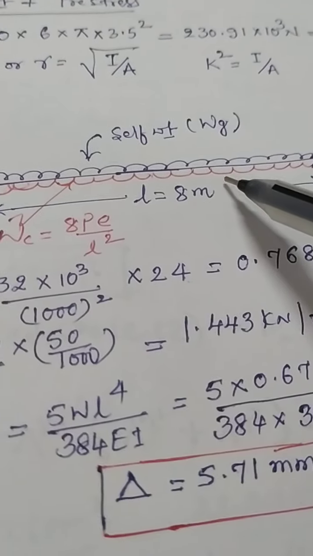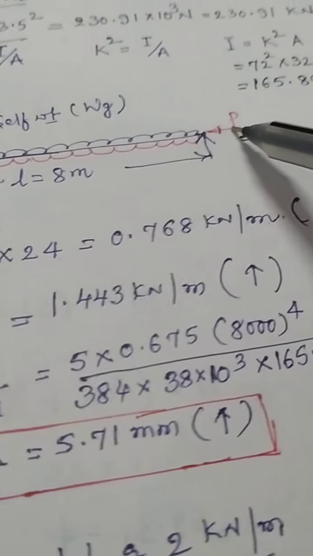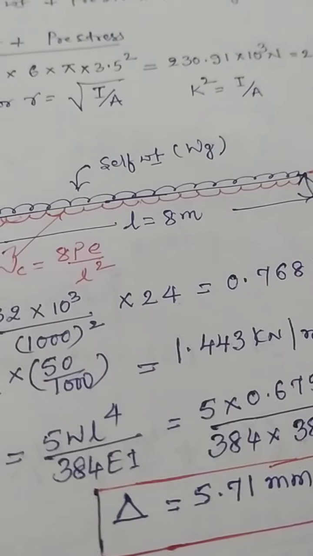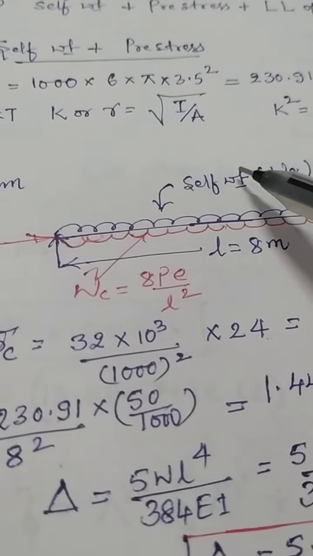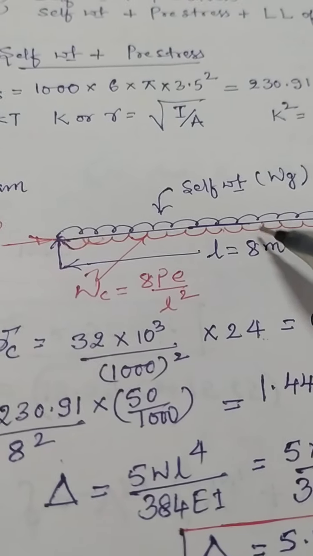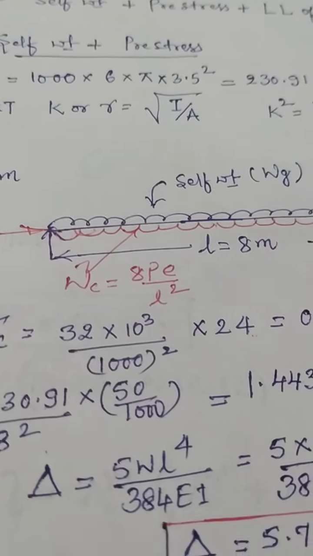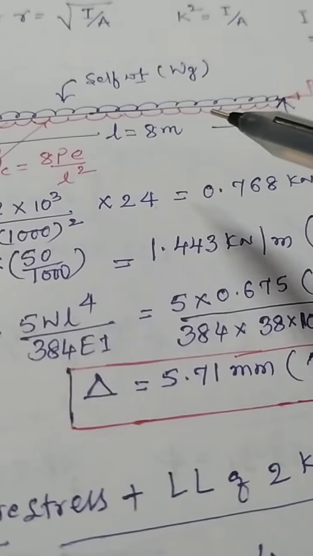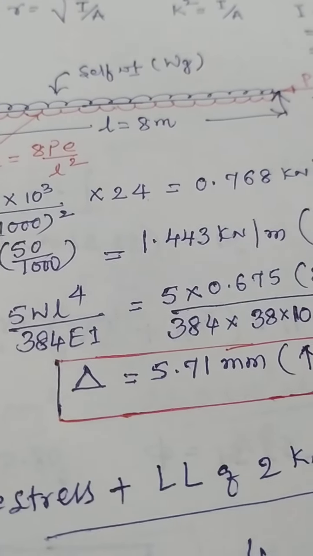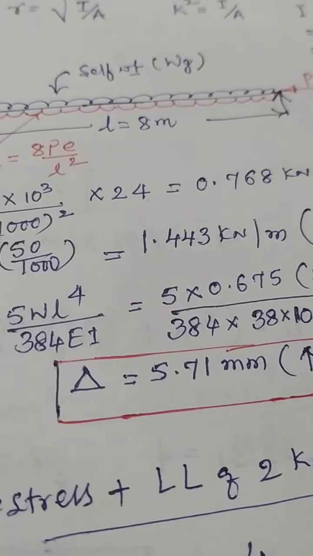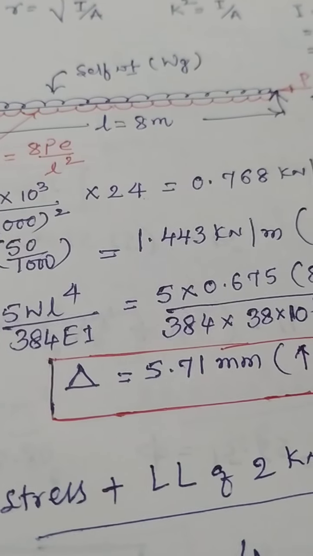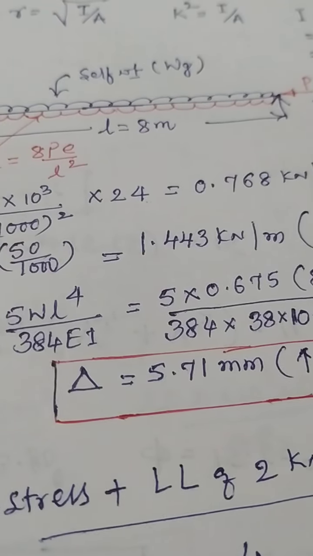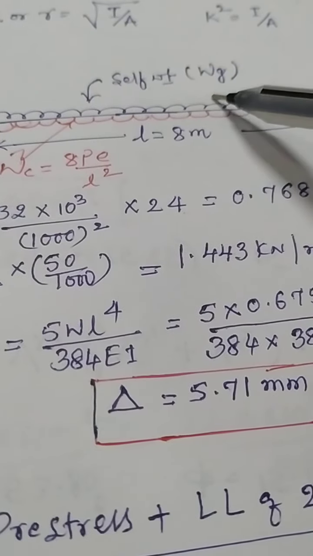Okay, self-weight is acting downward, WC is acting upward. There is no moment at the ends. M is not there. Only self-weight and WC will create deflection. Here, there is no loss and also no creep coefficient. That's why I am going to combine both.